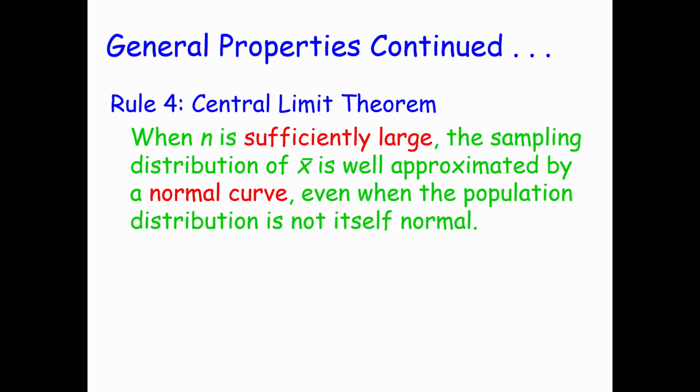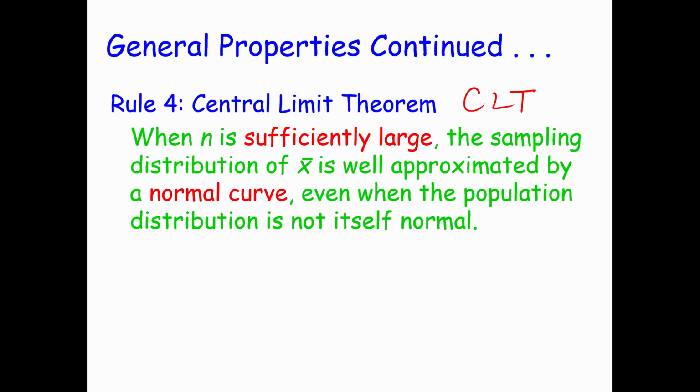So property 4, the central limit theorem, also known as the CLT. When n is sufficiently large, the sampling distribution of x bar is well approximated by a normal curve, even when the population distribution itself isn't normal.